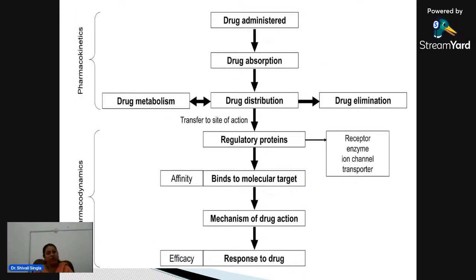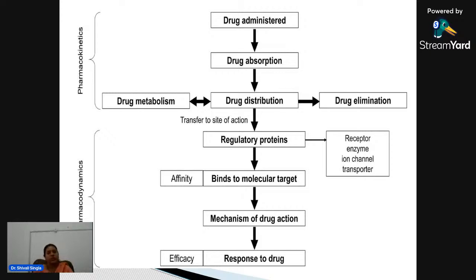So let me explain all these processes with a flowchart. Here, the first step is drug administration, a person taking the drug by any route. Second step is drug absorption. Then third, the drug gets distributed into various tissues. Here, the drug can get into metabolism or get eliminated from the body.